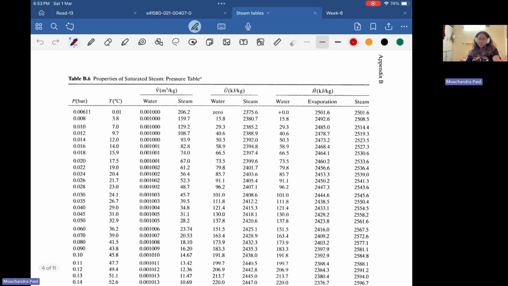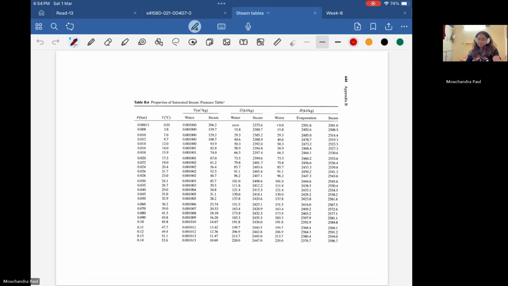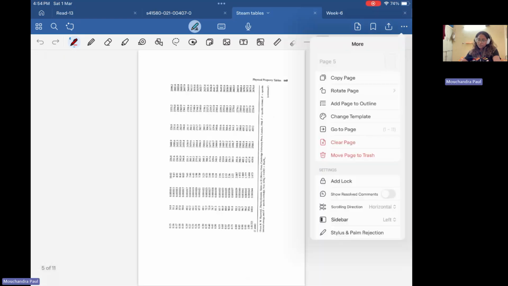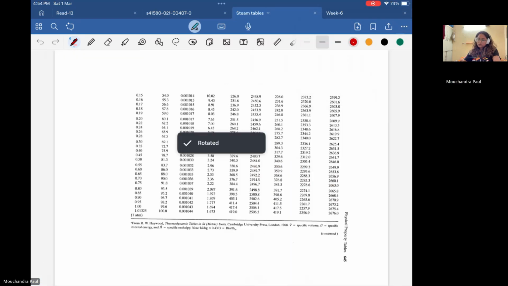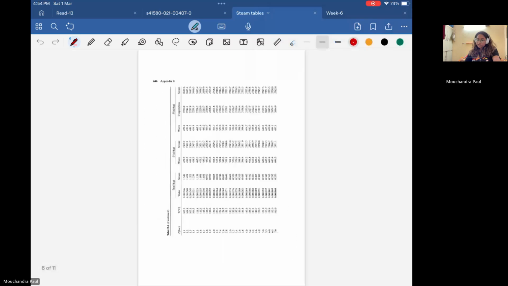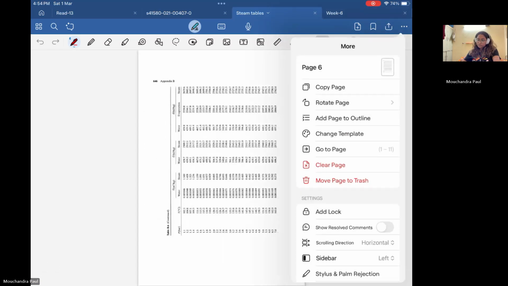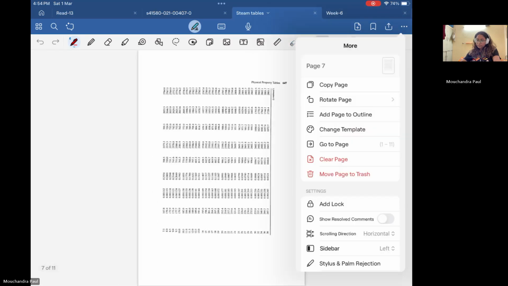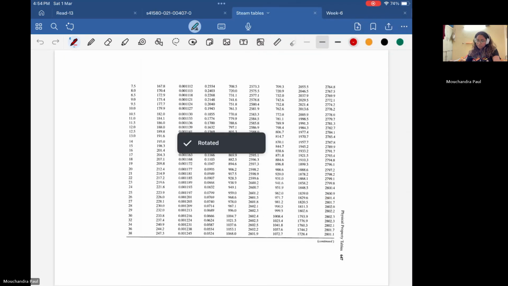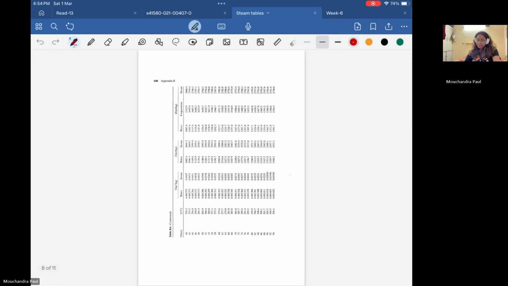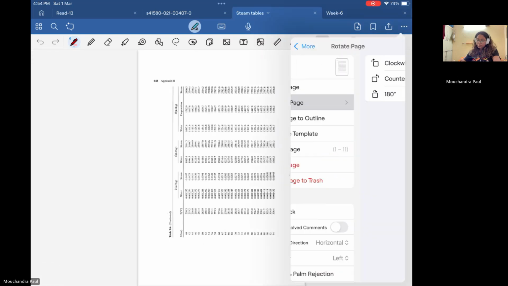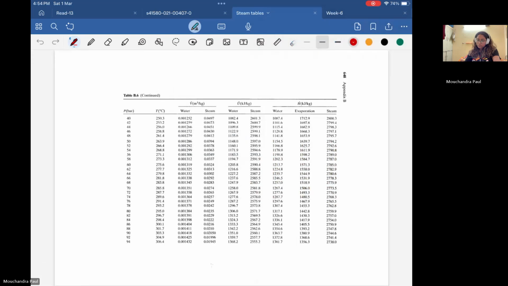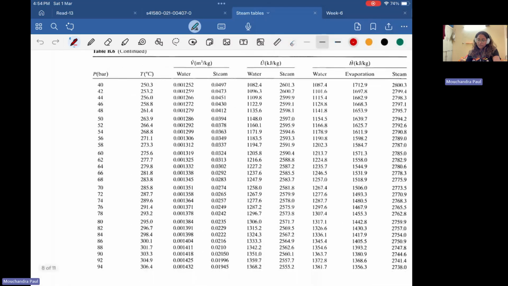And similarly, you can get the values of specific volume, specific internal energy, specific enthalpy, right? So it is continuing like this. It's a long table. It goes on to very high temperatures.